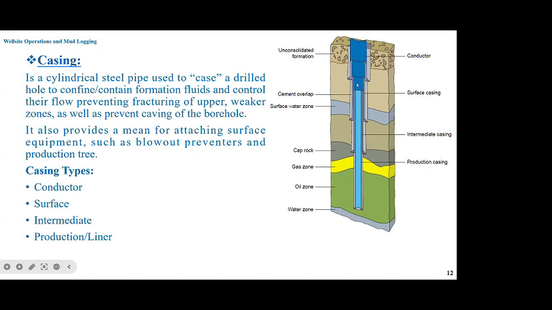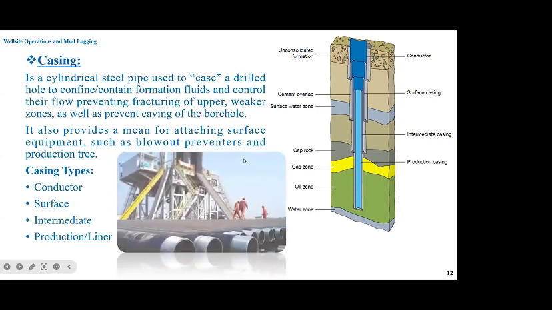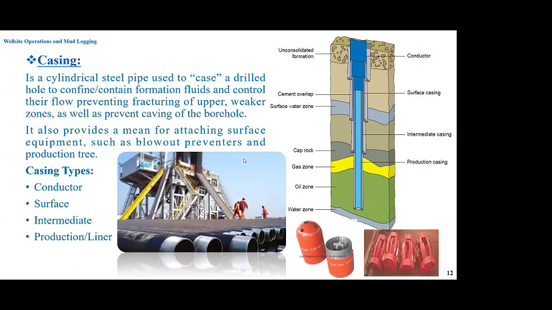But for the liner hanger, they hang the liner to the intermediate casing, with just a few meters of overlap. This is an example of casing. We'll talk about the grades of casing, the casing program, and the accessories, for example, centralizers, float shoe, and float collar.